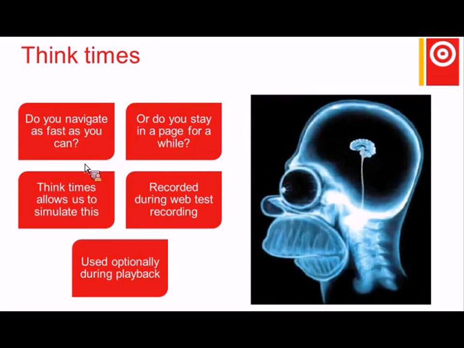Not everyone navigates the same page at the same rate. So what we've got in web performance tests is what we call think times. Think times enable us to set an amount of time that we think the average person is going to take on this page before they click on the next request, or before they click on this particular request.